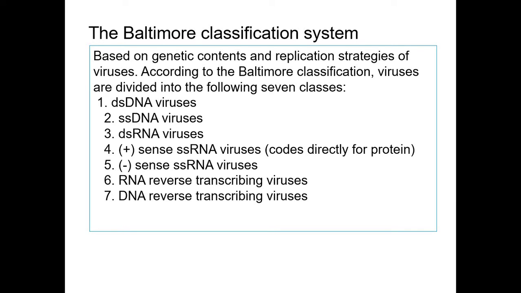Positive sense single stranded RNA viruses code directly for protein, meaning they have messenger RNA. Negative sense single stranded RNA viruses are complementary to the messenger RNA. Then RNA reverse transcribing viruses, like retroviruses, and DNA reverse transcribing viruses, which transcribe RNA from DNA.